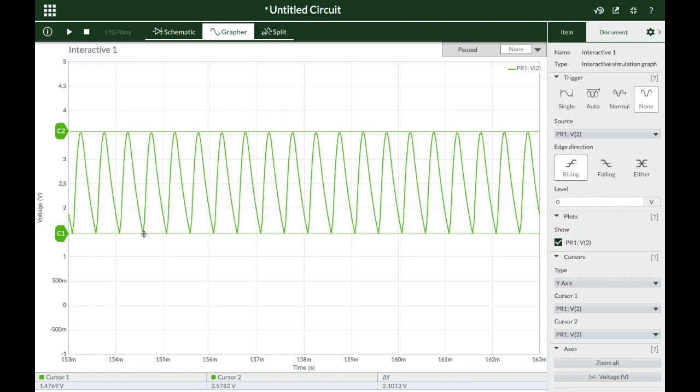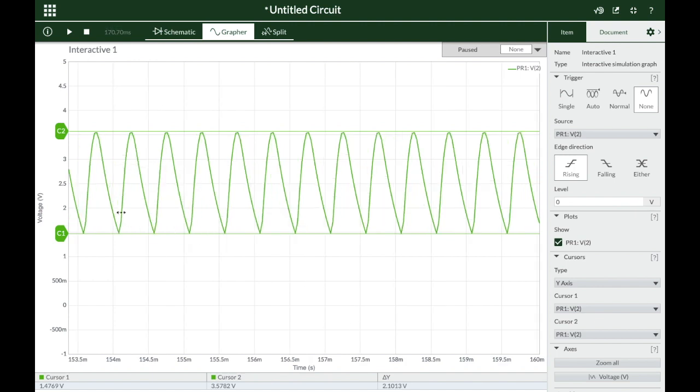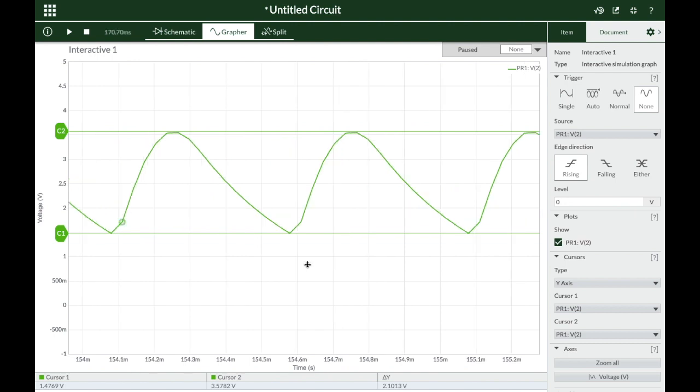This is because of this particular path, let me expand this so that you can see it clearly. When we see the output changing from lower peak to upper peak, that is the charging path of the capacitor, and when it is coming from upper peak to lower peak, it is the discharging path of the capacitor. This tells us that the capacitor has not discharged fully.